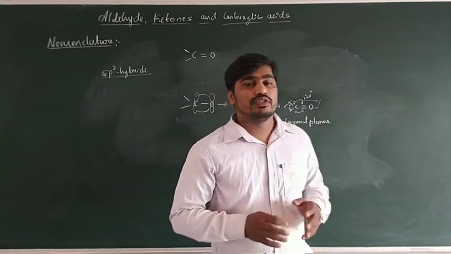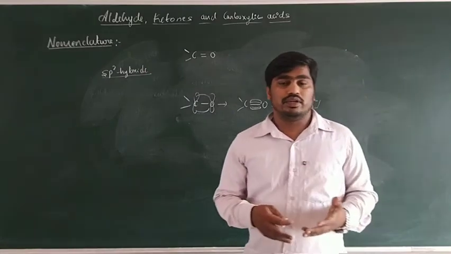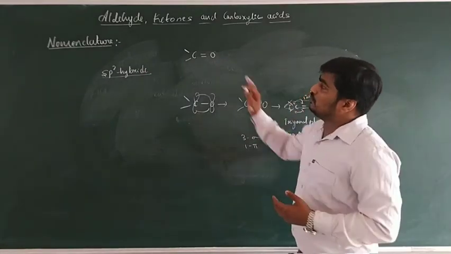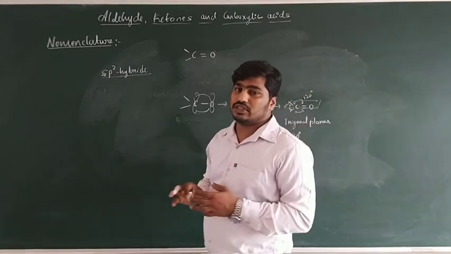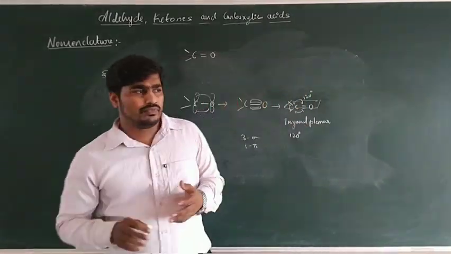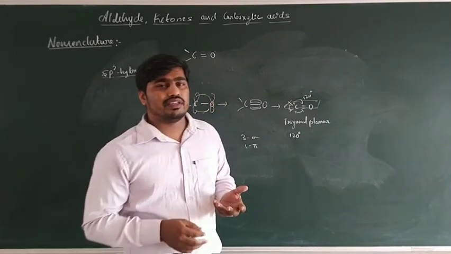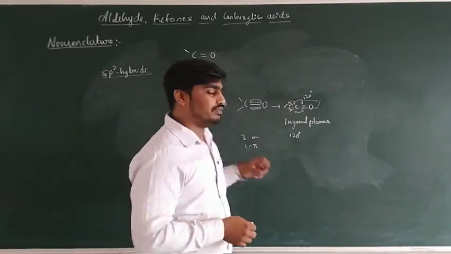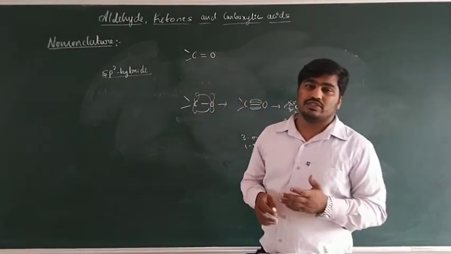Carbonyl compounds applies to aldehydes, ketones and carboxylic acids. There is no question asked about structure in your exam, but for competitive exams, the knowledge of structure is very important for further reactions.